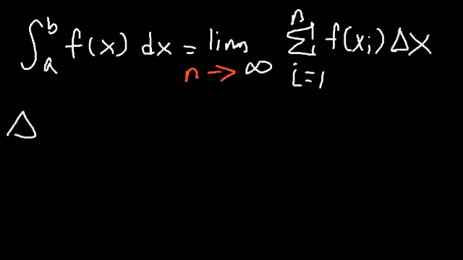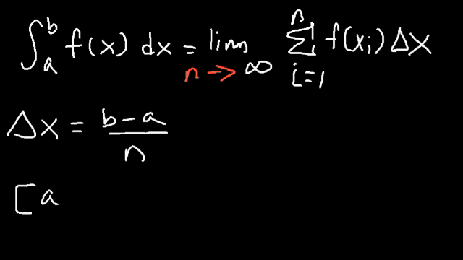As mentioned before, delta x is simply b minus a divided by n on the interval a to b.